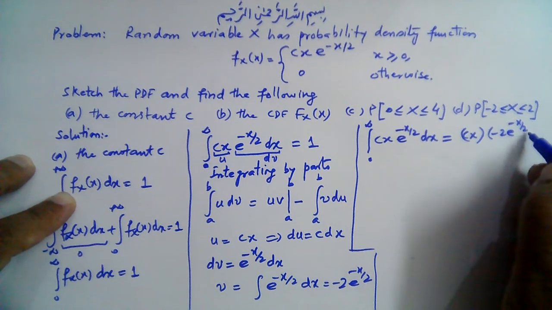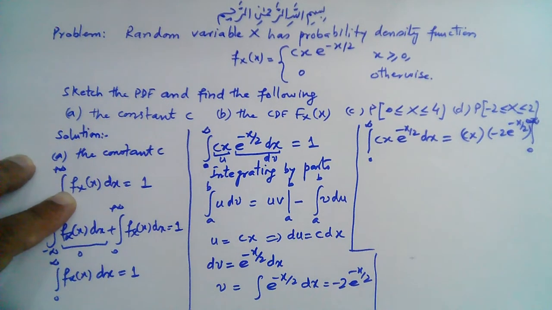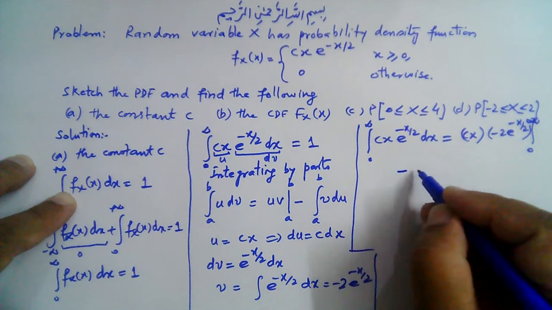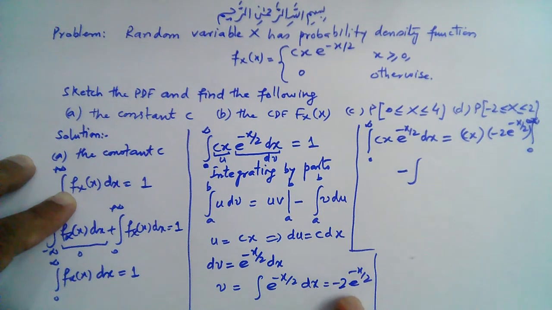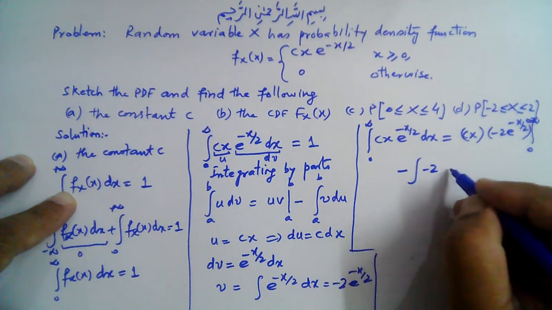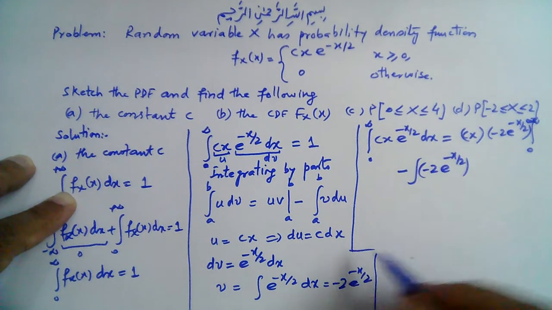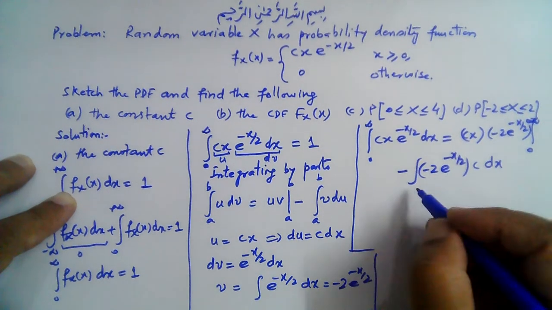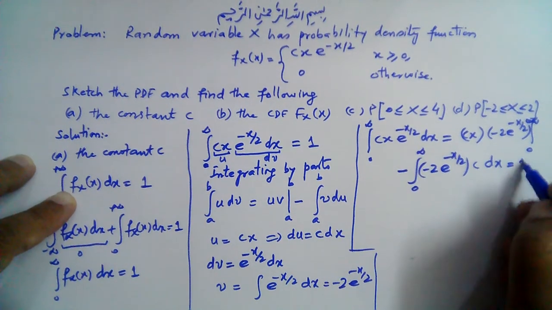And the limits are 0 to infinity. And then minus v du. So v is again minus 2 e raised power minus x over 2, and du is c dx, right? And this is 0 to infinity, and this should be equal to 1.